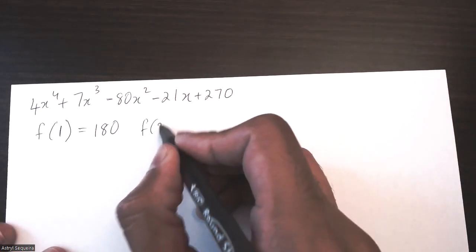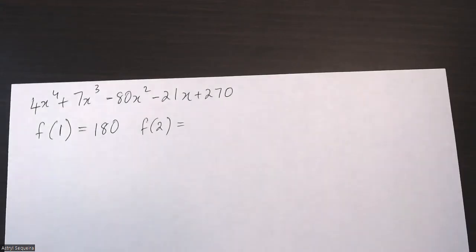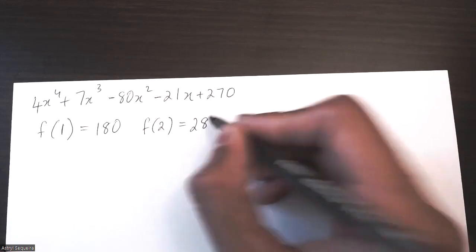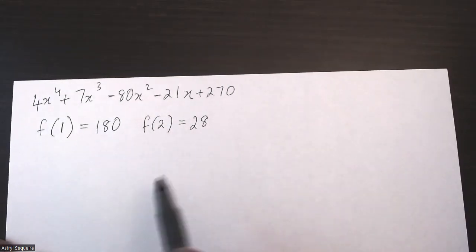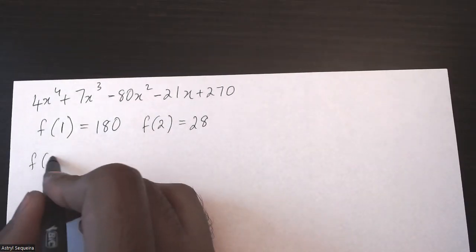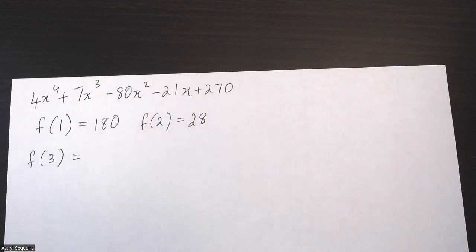So if 1 doesn't work, I'll go to positive 2. But put in positive 2, I get 28. So I know that x minus 2 is not a factor either.